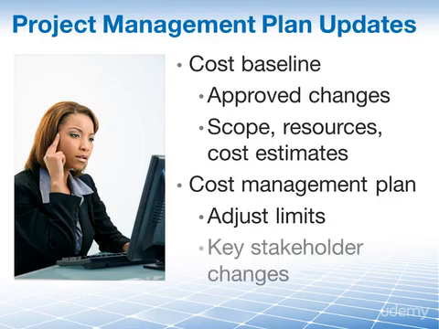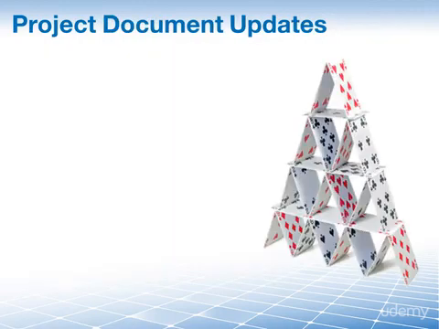If the key stakeholders require it, other changes to the original cost management plan may be warranted. For example, perhaps they require a change to the level of accuracy of your rules about rounding of figures for project cost management.